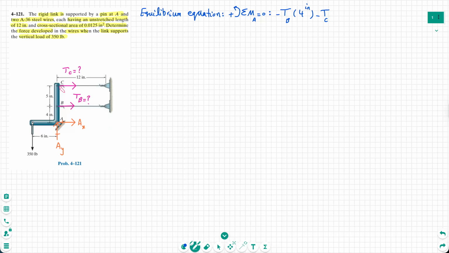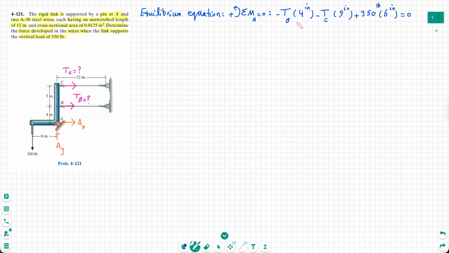So negative TC times the lever arm, in this case 9 inches. The other force that has a moment about A is this 350 pounds, but the rotation of this about A is counterclockwise. So I use a positive 350 pounds multiplied by the lever arm here, which is 6 inches. So it should equal 0. Again, AX and AY have no moment about A.